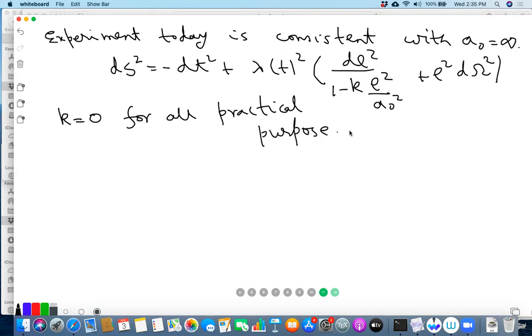Taking a naught to be infinity is the same as saying that k can be taken to be 0. So whether k is 1, minus 1 or 0 makes no difference if a naught is large enough. So often it's useful to work with k equal to 0. For most of the calculations that we'll be performing, we'll take k equal to 0 and proceed. But one should keep in mind that that's an approximation. In general, there could have been a very, very large a naught, but for practical calculations, we can just set k equal to 0.